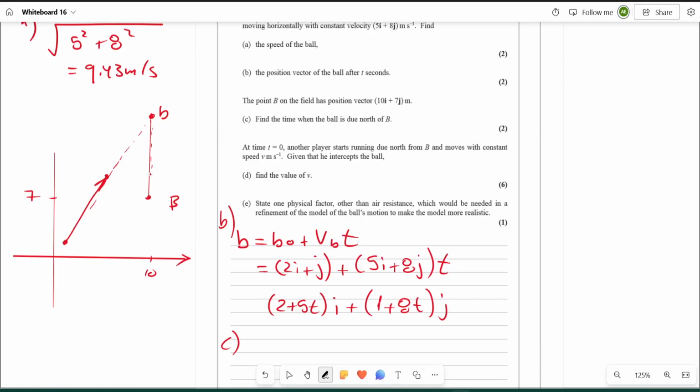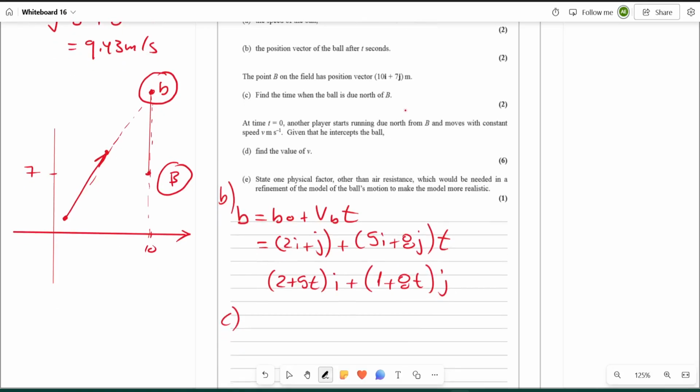I would expect that they will both have the same x component, right? So this is a hint for me to find when my ball is going to have the same x, or the same i component, as the point B. So clearly point B has an x of 10.